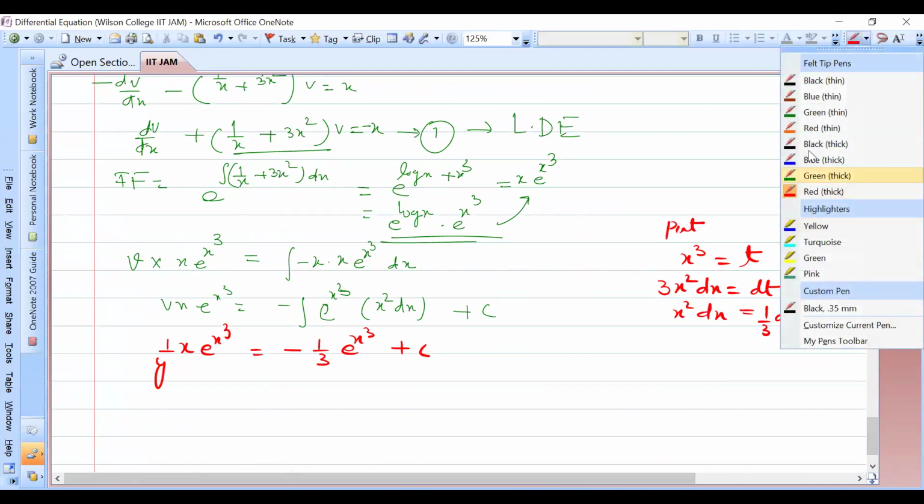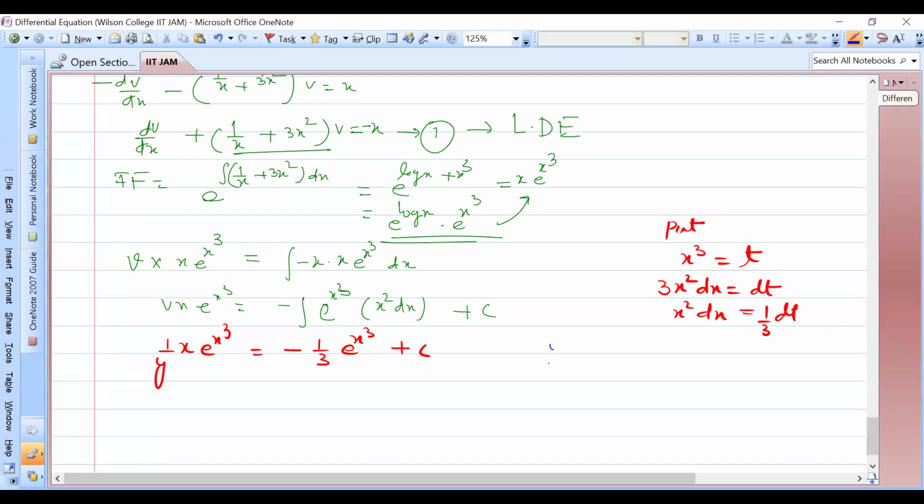So here they have given y of 1 equals to 3 by 2. Meaning of this, 2 by 3 e minus 1 by 3 e plus c. So c equals to how much? 2 by 3 plus 1 by 3 e.